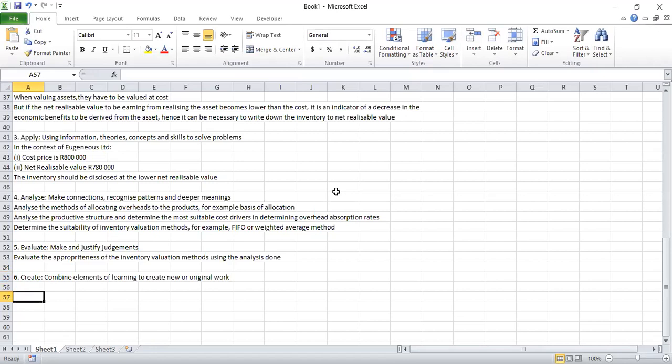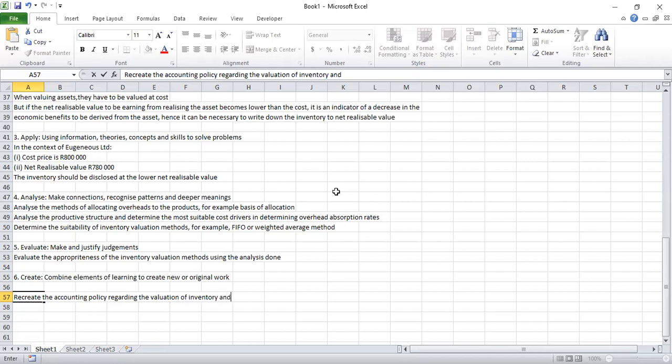Recreate accounting policy regarding the evaluation of inventory and its disclosure based on the evaluation of the current circumstances of the company.